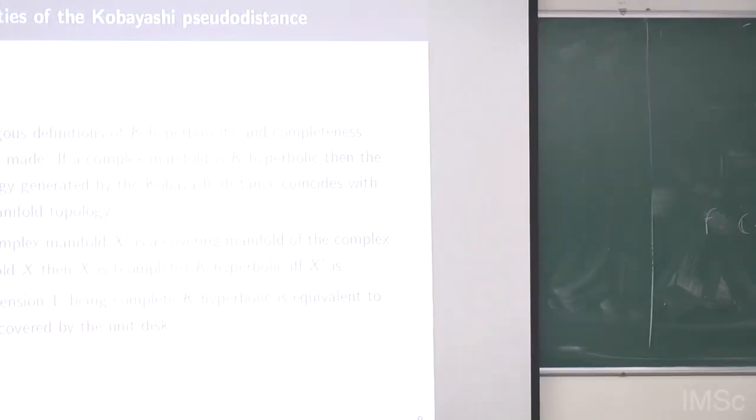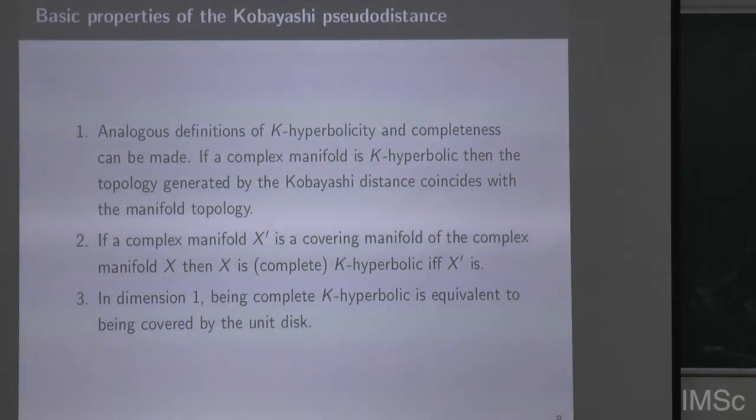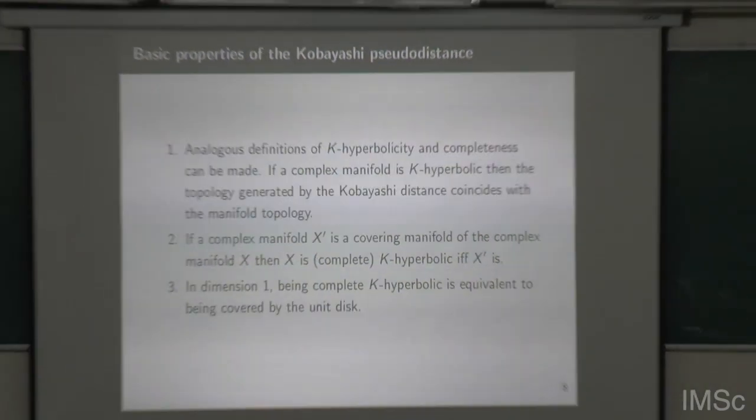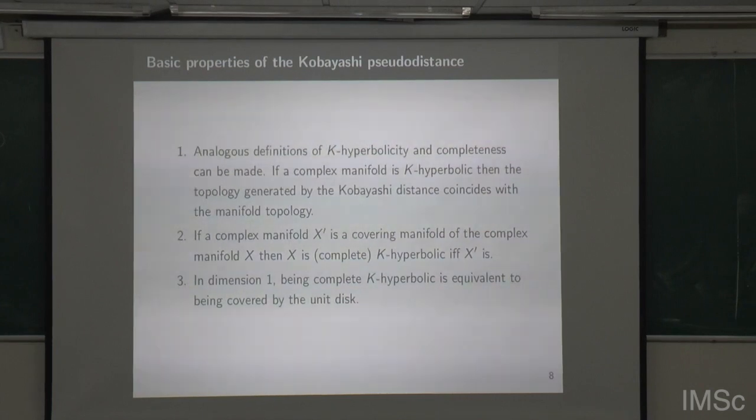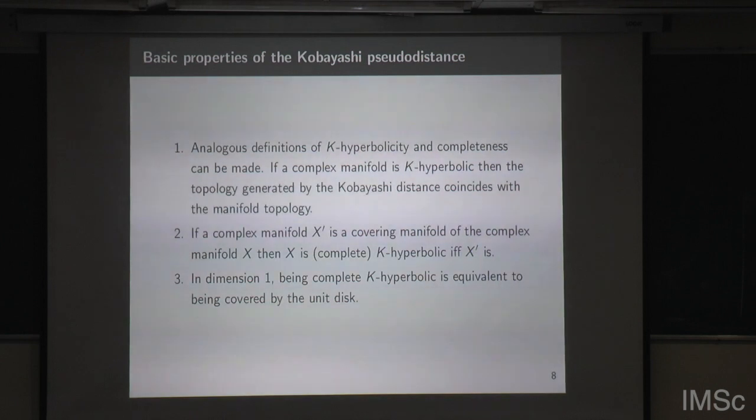So, this is very useful because in particular it will imply that in dimension 1, being complete Kobayashi hyperbolic is equivalent to being covered by the unit disk. By the uniformization theorem there are only three possibilities: either the Riemann surface is covered by the disk, the complex plane, or the Riemann sphere. So, using that one shows that being Kobayashi hyperbolic is exactly the same as being classically hyperbolic.